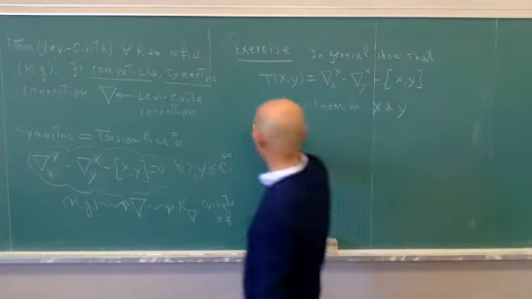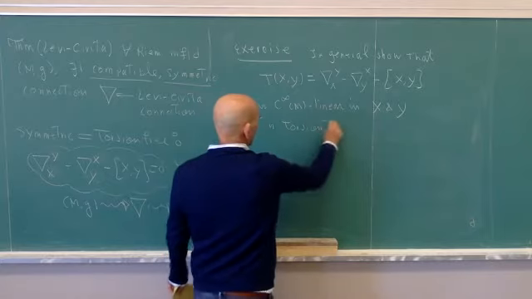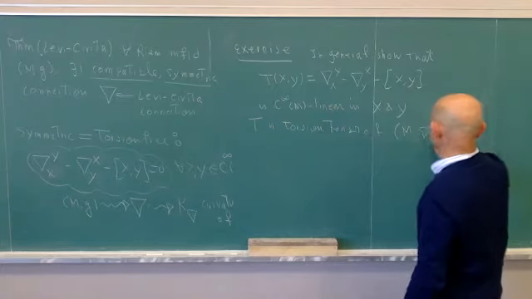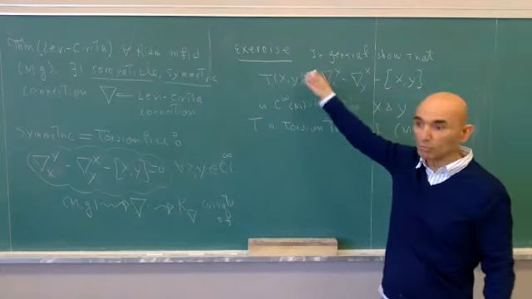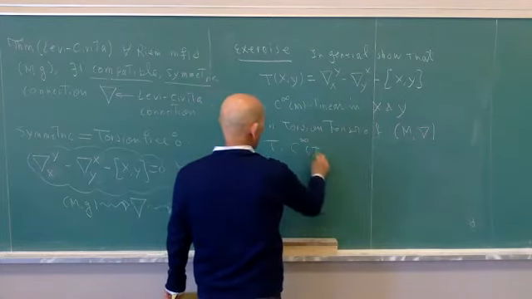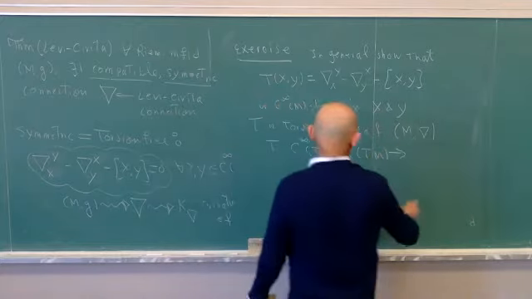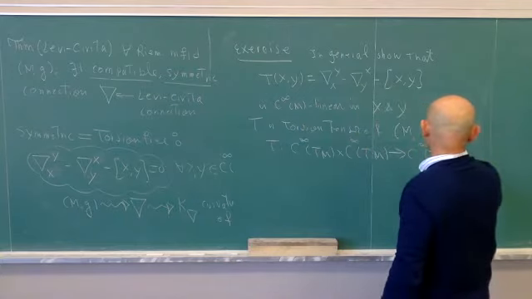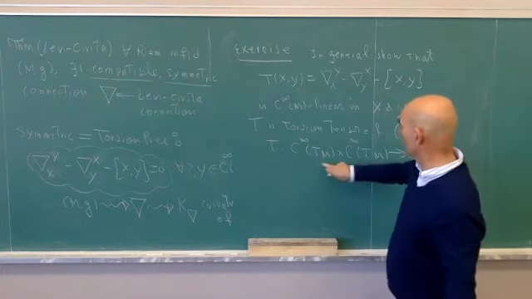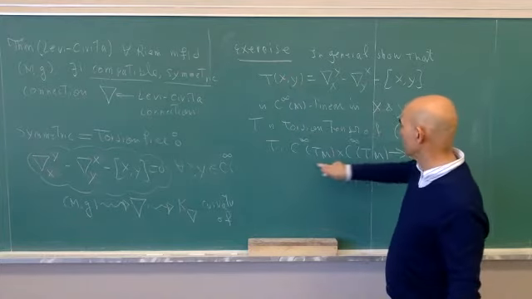This is called the torsion tensor of the manifold with a connection. You don't need a Riemannian metric for this, of course. We just define it. So torsion goes from C-infinity(TM) cross C-infinity(TM) to C-infinity(TM), because the result is a vector field. Now we are saying this is actually C-infinity(M)-linear in both coordinates.